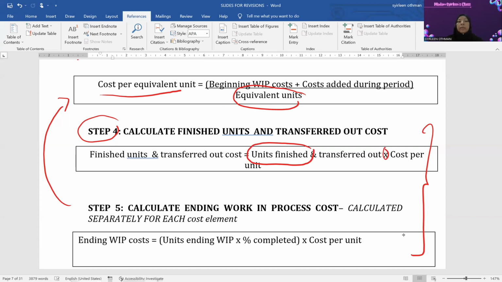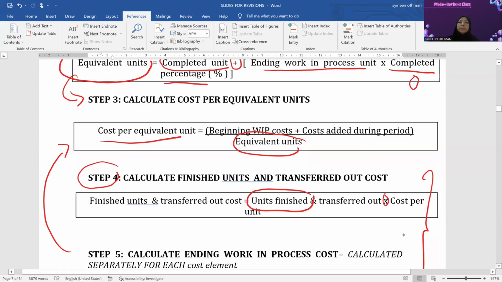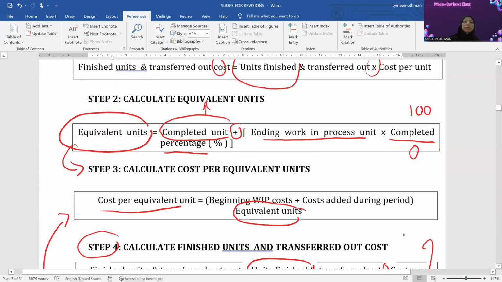Okay, and then untuk kira ending WIP, it will be calculated separately. Kita akan kira asing. Sebab untuk ending WIP, kita tak guna unit finish atau completed unit, kita guna ending WIP. So ending WIP ni ambil dekat mana? Ending WIP ni is actually what you've calculated in step 2.